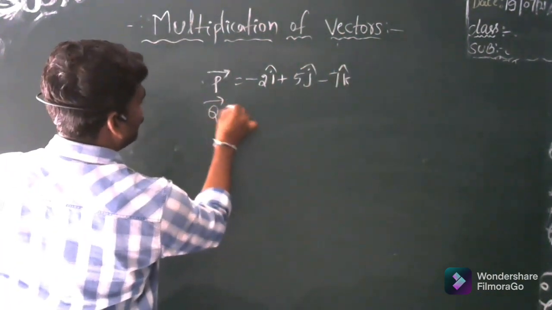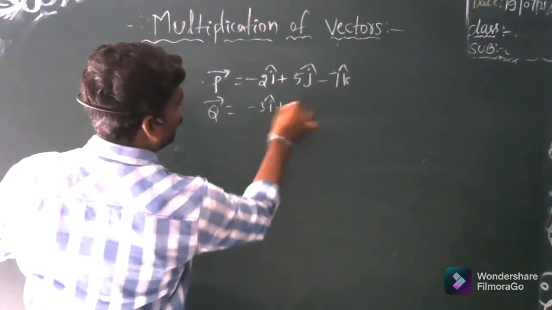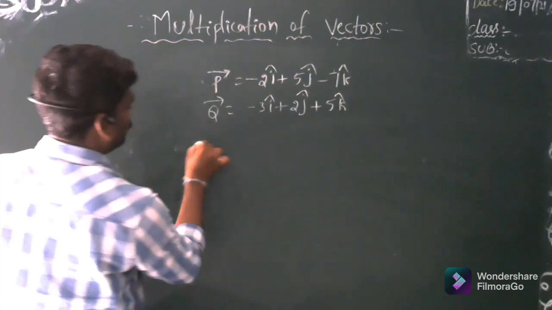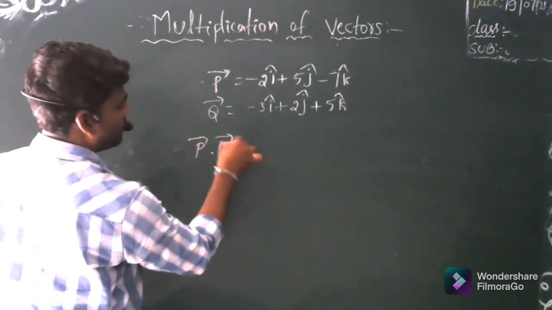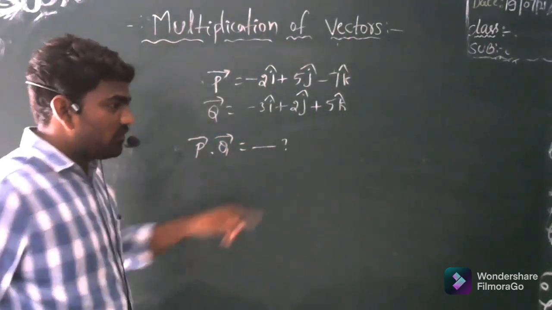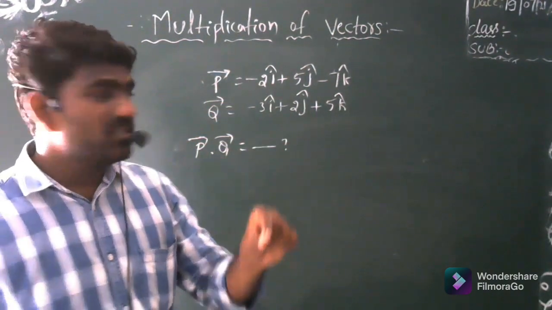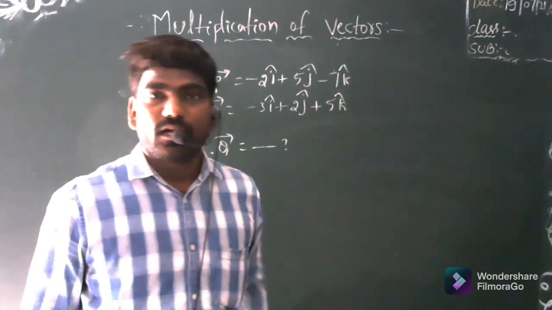And vector Q is minus 3 I cap plus 2 j cap plus 5 k cap. Find the dot product P dot Q. Find the dot product of these two vectors, and comment the answer in the comment section.